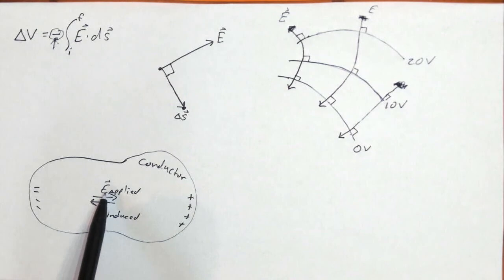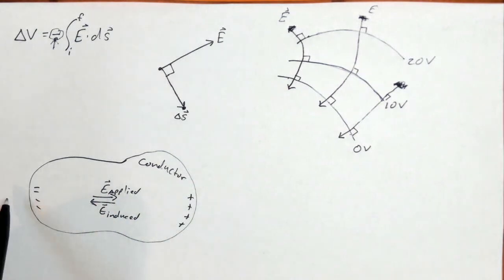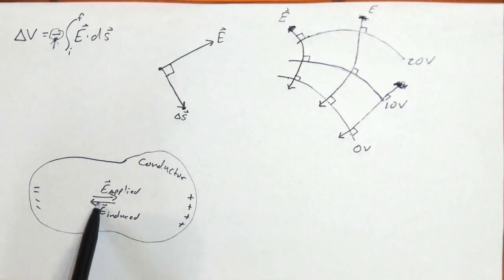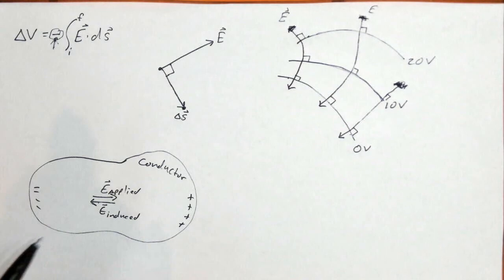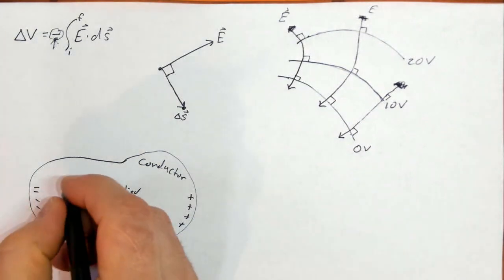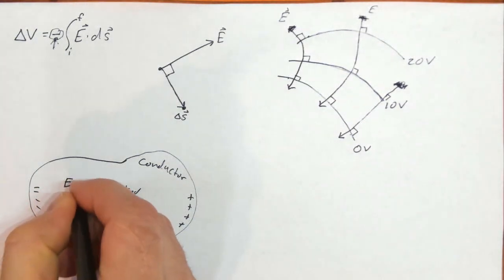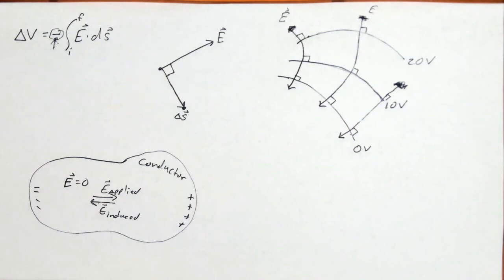The applied field causes the electrons to fly away, and the separation of those charges causes an electric field to grow until it equals and cancels that out. Now, that's review. But what it means is inside a conductor, E is 0. We'll be specific here: a conductor in electrostatic equilibrium.